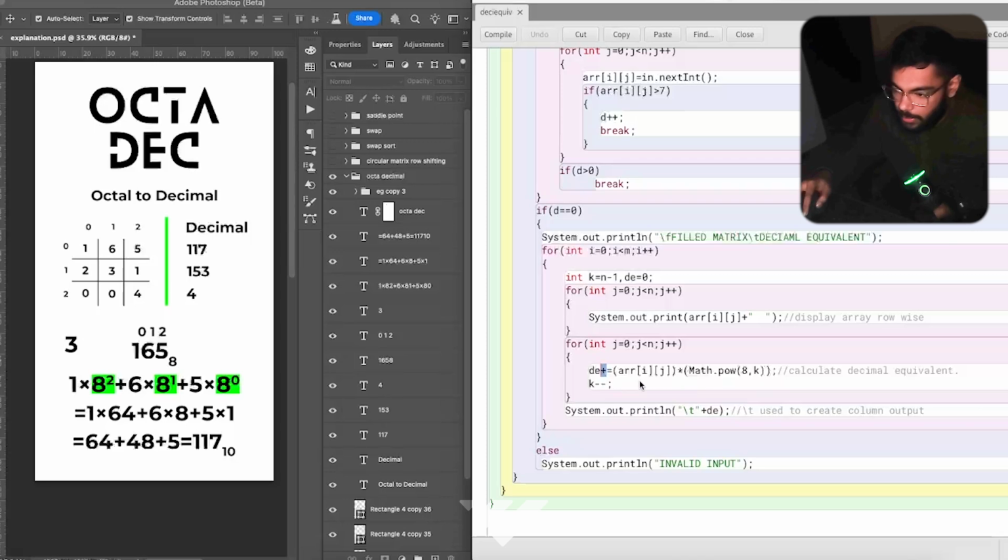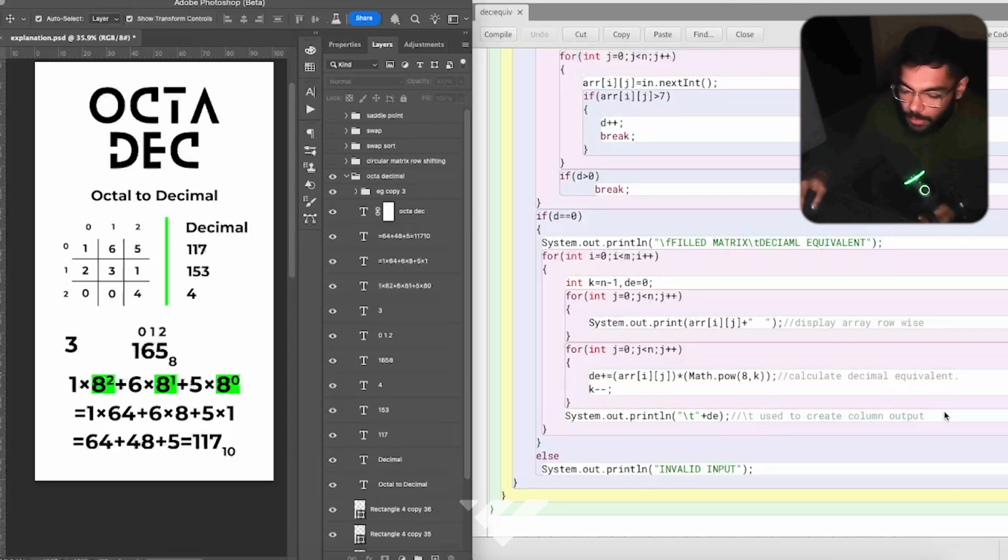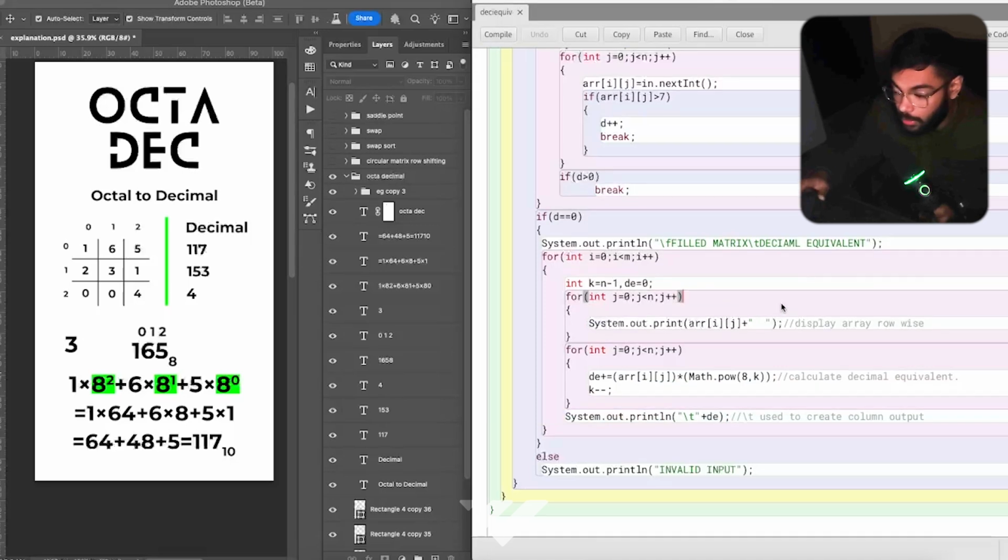D is equal to d plus 1 every loop, and every number will be extracted and multiplied using Math.pow, 8 to the power k. This will give us the sum of the decimal equivalent, and at the end we will have the answer 117 in our DE, and we will output it. So this is a relatively simple program, there's nothing actually complicated in that.